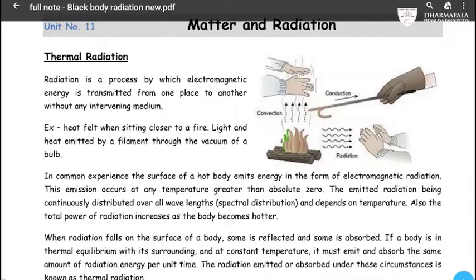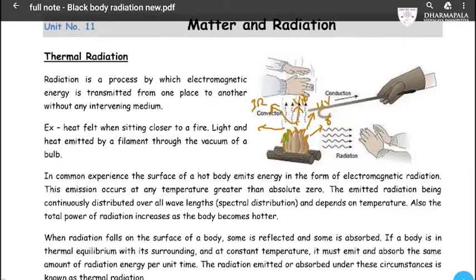Normally the color of the fire is orange, red. So this fire is emitting all the radiation, even in the region of gamma. It can emit gamma rays, UV rays, visible light, IR. So it can emit all these radiations. They are in the spectrum.